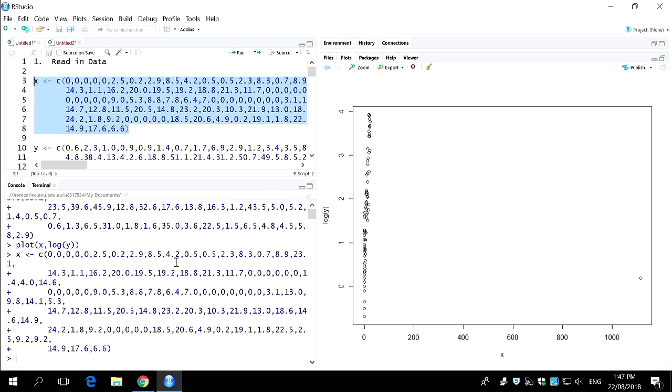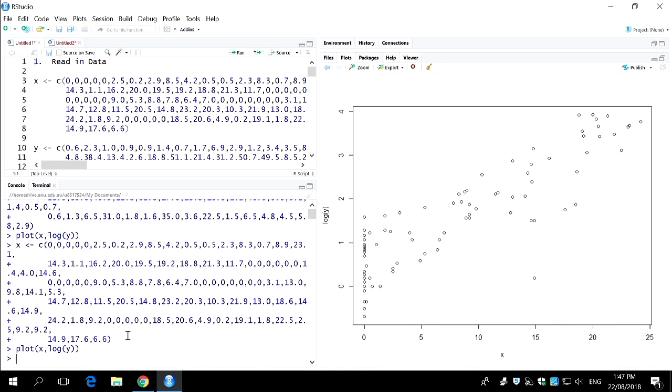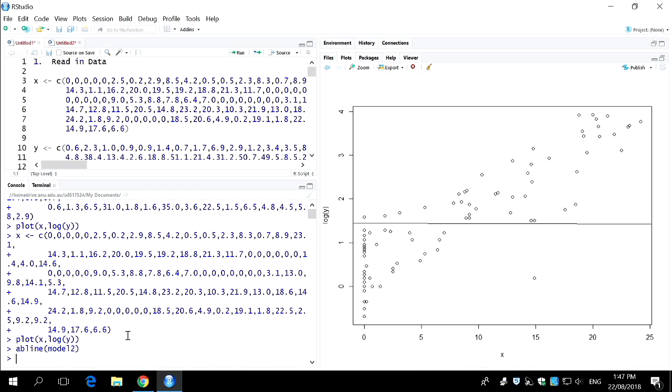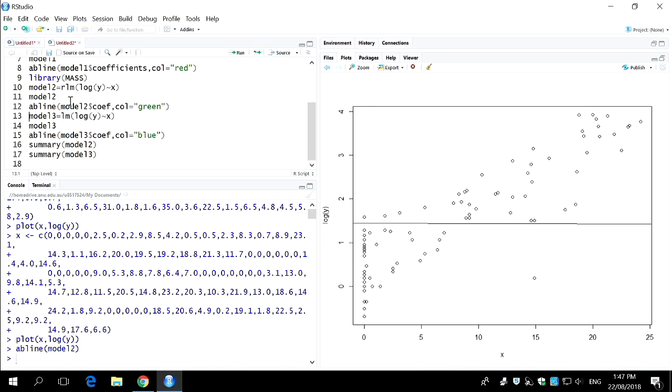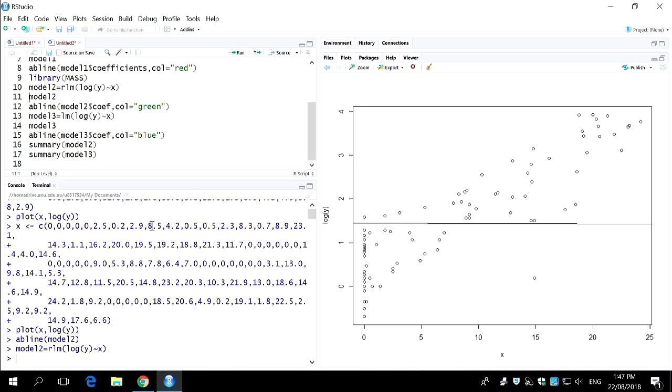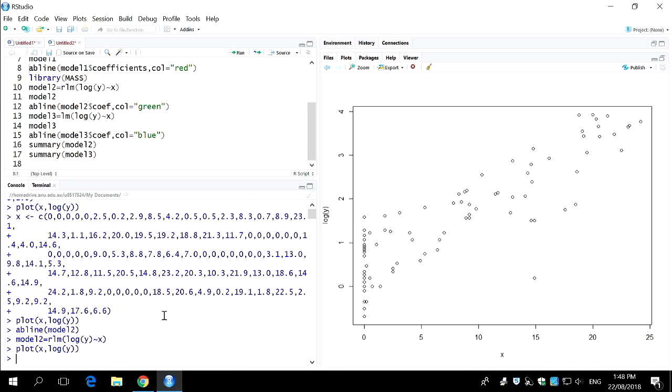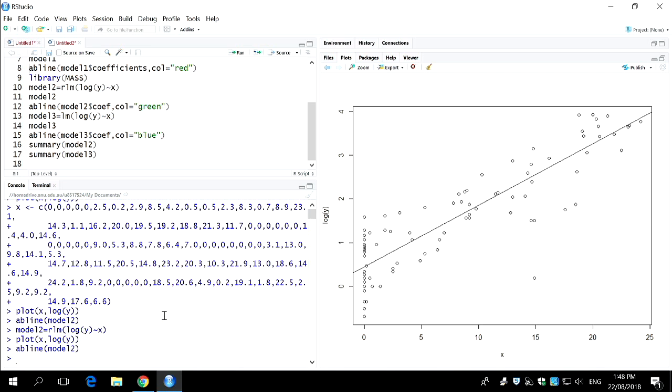Okay, let's do that again. Plot X and log Y, there we go. I'm going to go AB line, we'll use model 2. Let's refit model 2 using the original X and the original Y. Plot X log Y, AB line model 2. There we go. That's it.